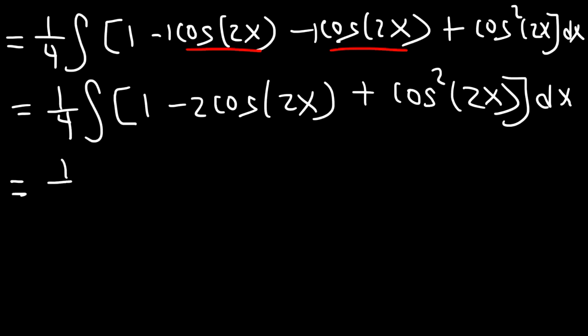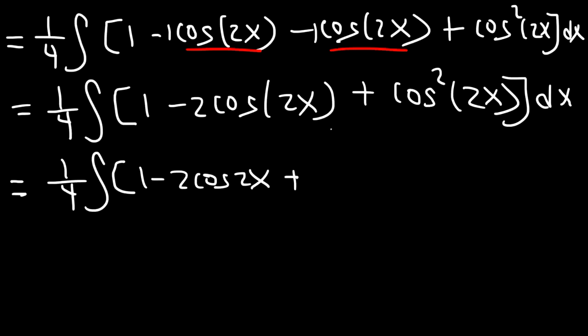So everything else is going to stay the same, just cosine squared is going to change. So it's going to be plus 1/2, and then 1 plus cosine 4x.